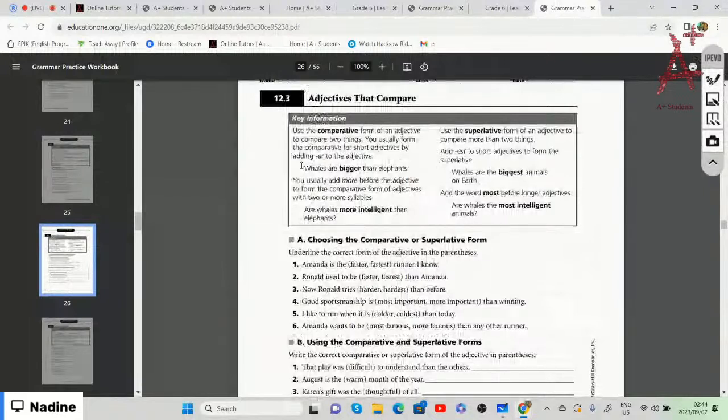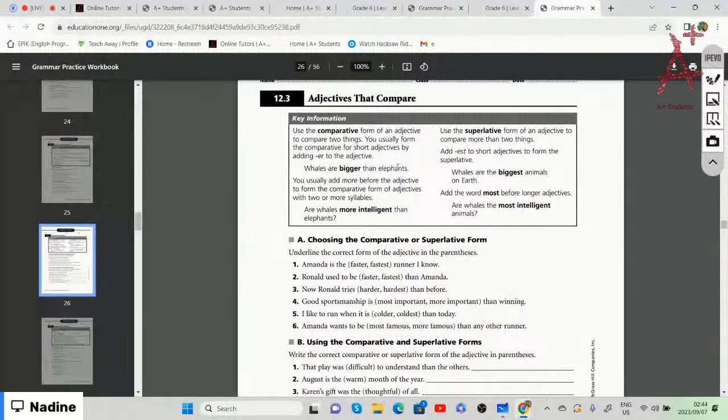And we see that we use comparative forms of an adjective to compare two things, right? And you usually form the comparative for short adjectives by adding an ER. Whales are bigger than elephants, right? It is comparing whales and elephants.